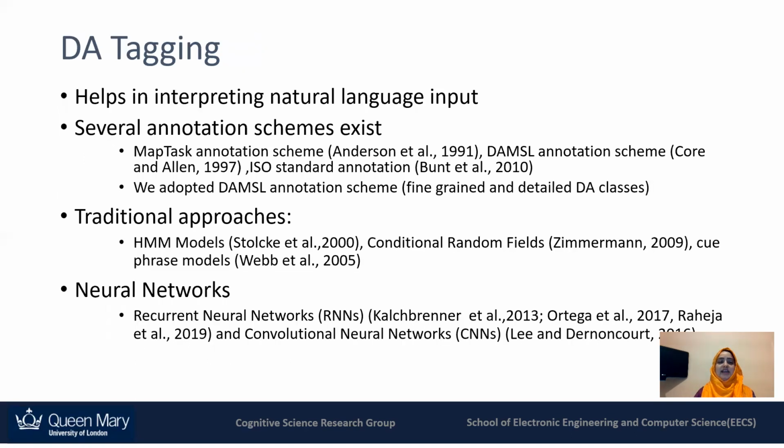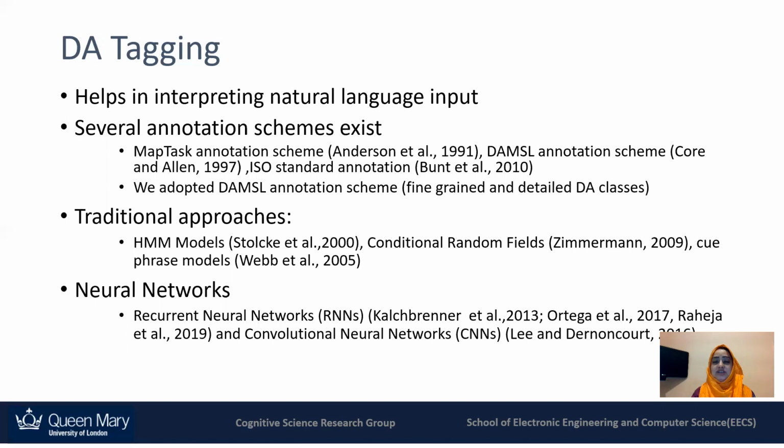So what is dialogue tagging? Dialogue tagging helps in interpreting the natural language input at the utterance or sentence level. Several annotation schemes exist. The Map Task annotation scheme contains 12 tags for different moves for the map task data set.